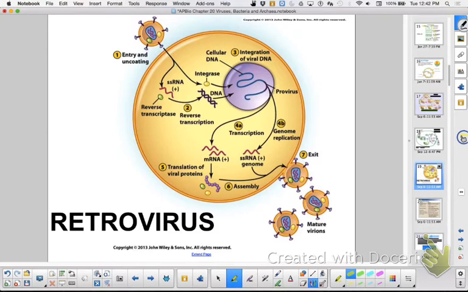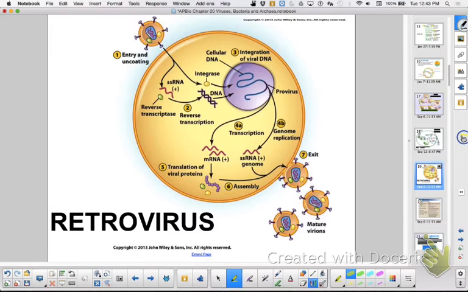Okay, so retrovirus gets brought into the host cell. It does have a membranous envelope, and in this case, what kind of virus is it? A DNA virus or an RNA virus? RNA virus. Single-stranded or double-stranded? Single-stranded.